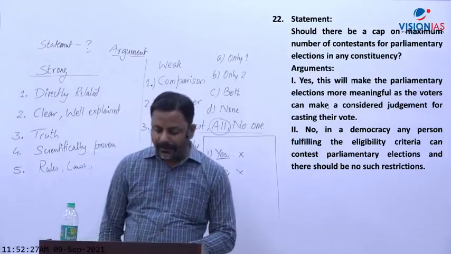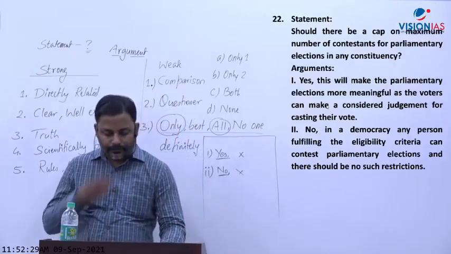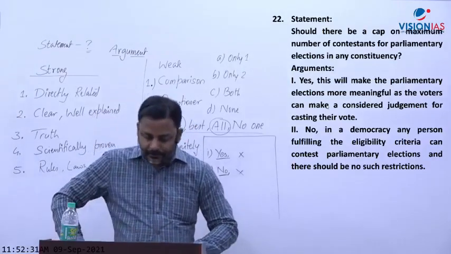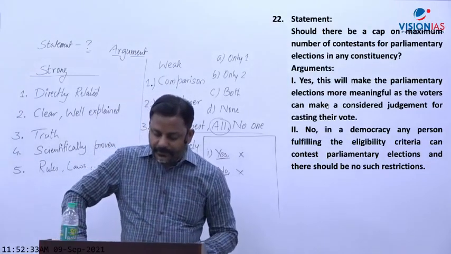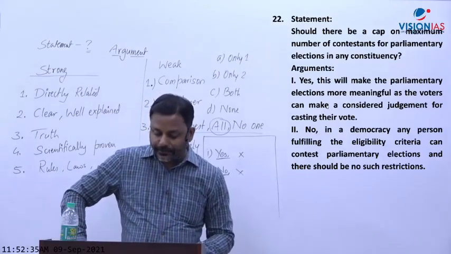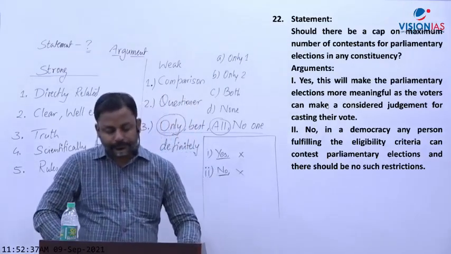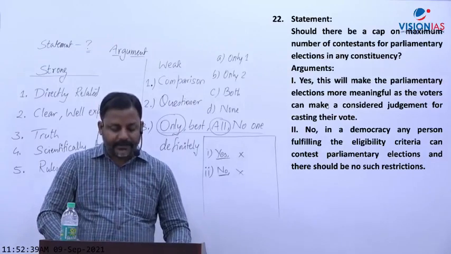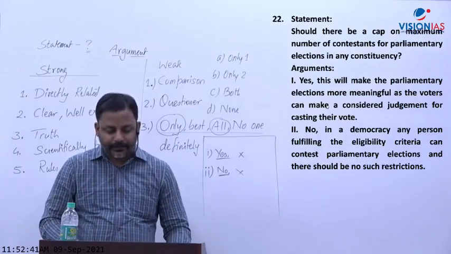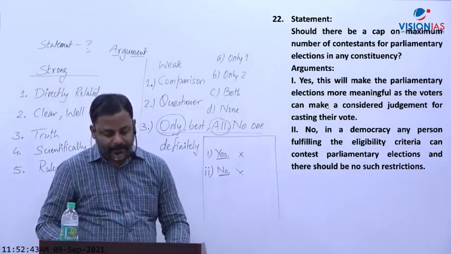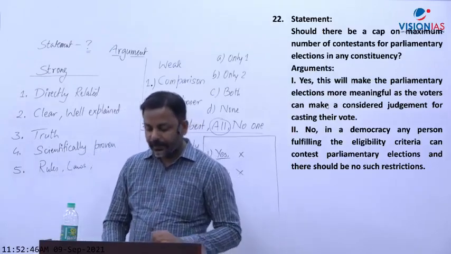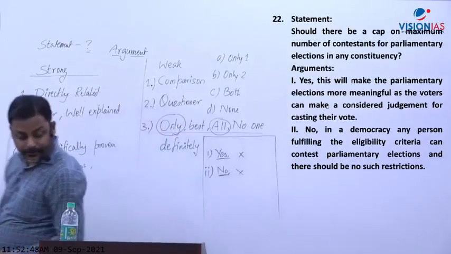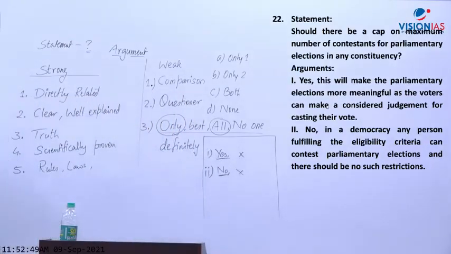This will make the parliamentary elections more meaningful, as the voters can make a considered judgment for casting their votes. Second, no. In a democracy, any person fulfilling the eligibility criteria can contest parliamentary elections, and there should be no such restrictions.